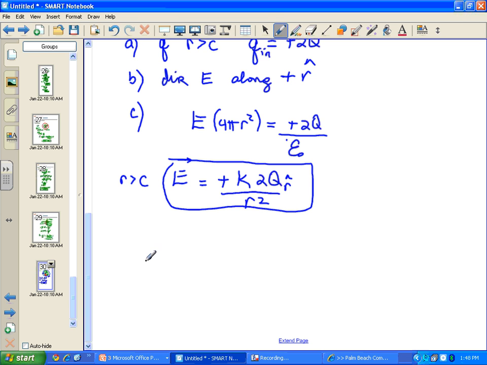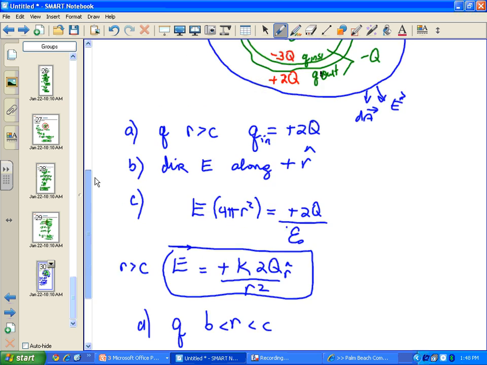Next is part D. What is the charge inside a Gaussian surface whose radius is less than C but greater than B?